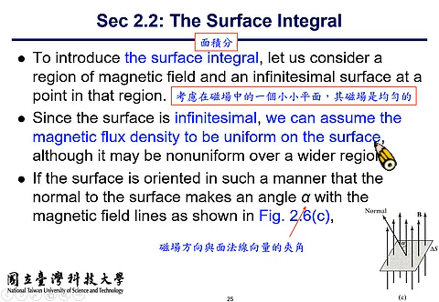So as this figure suggests, the angle alpha, which is the angle between the background magnetic flux B and the normal of the surface, matters. When alpha equals 0, the scalar product of ds, your differential surface, and B will be maximized.